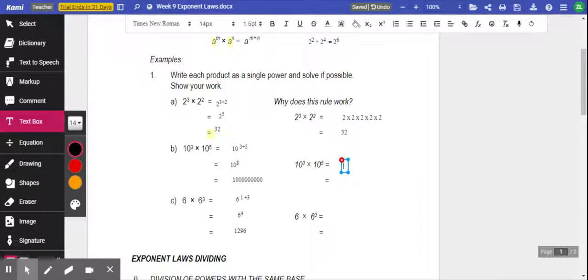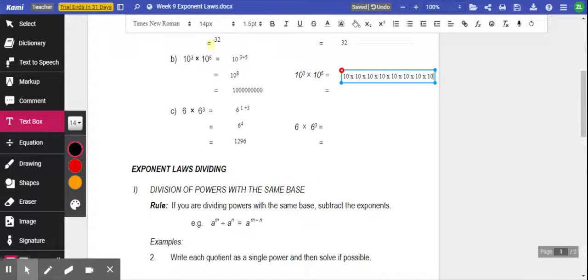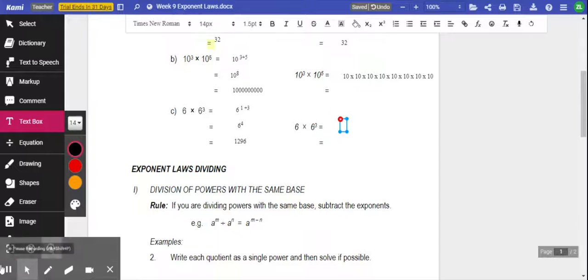If we did this one over here, we'd have 10, okay, so 10 to the 3 written out as that, 10 times 10 times 10. And then adding another 5 times, we then, if you type that into your calculator, are going to get this number. And then once again, if we did it over here, 6 times 6 times 6 times 6, we're going to get 1,296.